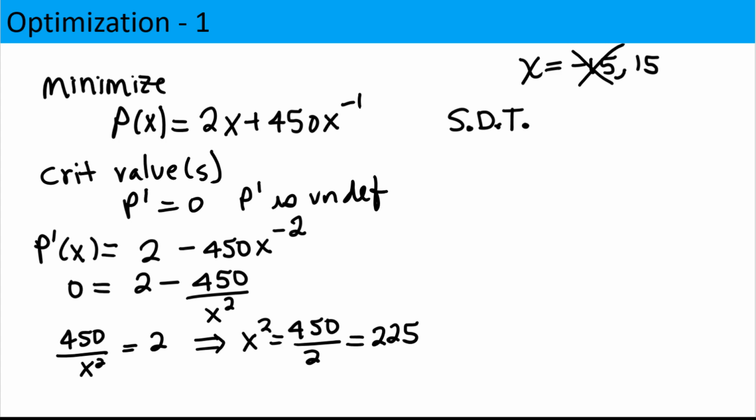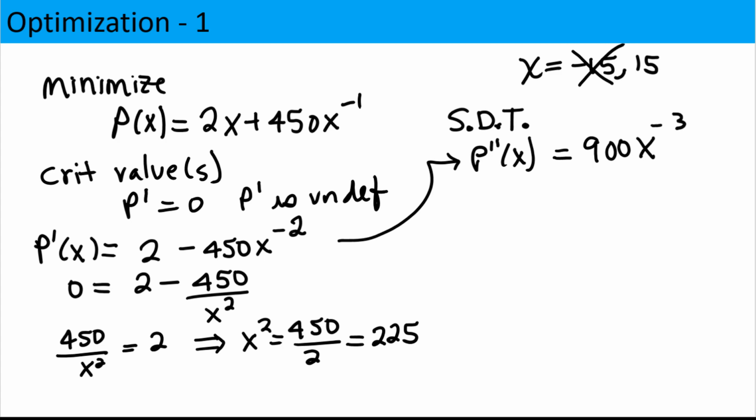That means we're going to take the derivative of the first derivative. The second derivative would be, the derivative of 2 is 0. Now, we've got negative 450 times negative 2, that would be positive 900, and x to the, subtract 1 from negative 2, is negative 3.